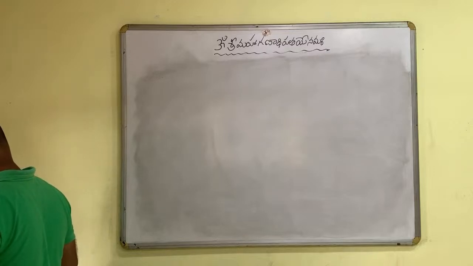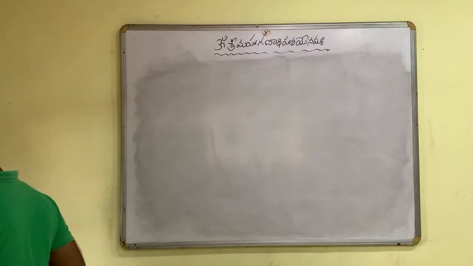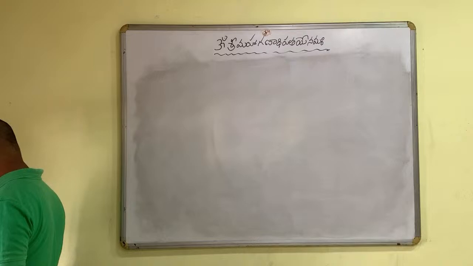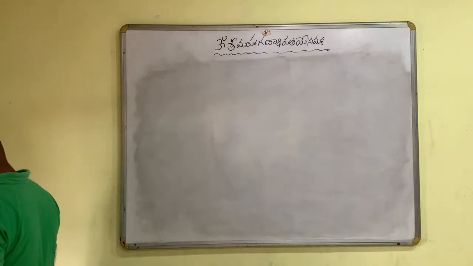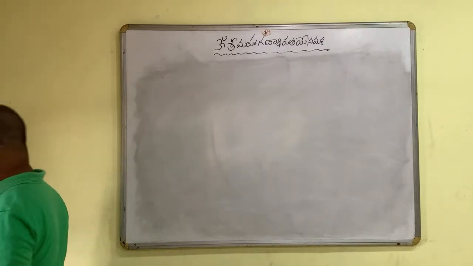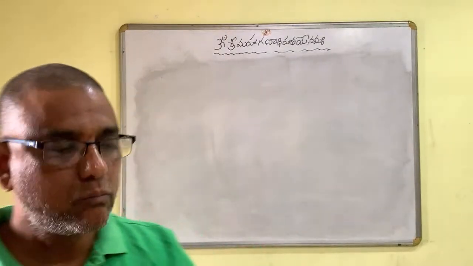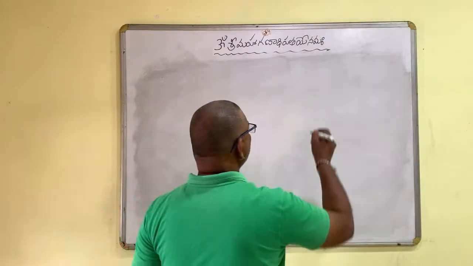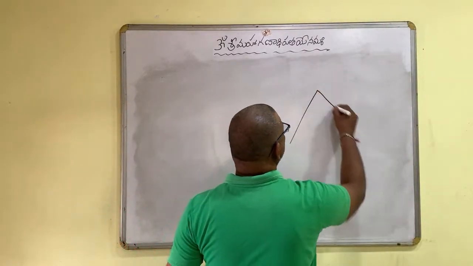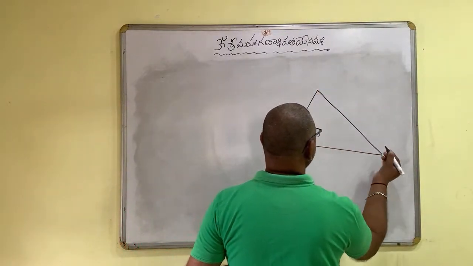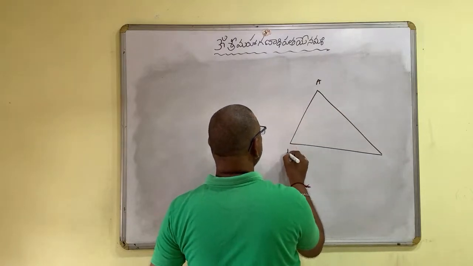Prove that a line drawn through the midpoint of one side of a triangle parallel to another side bisects the third side. There is a triangle ABC.